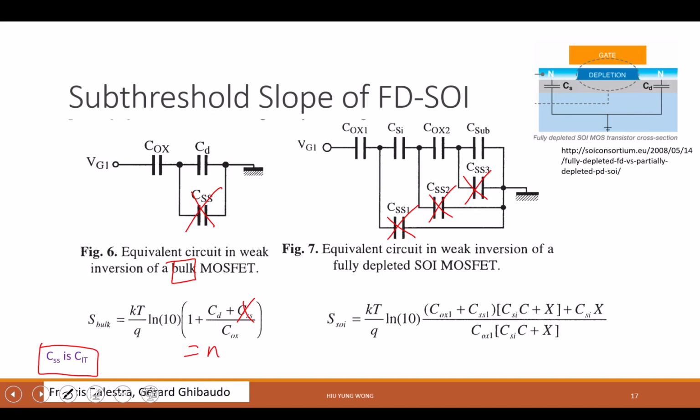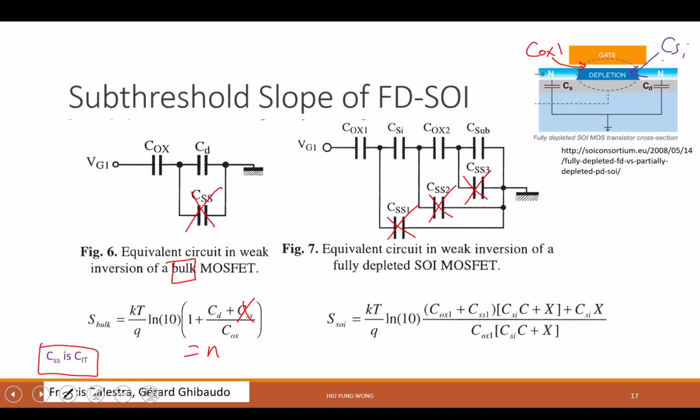Now, let's look at the capacitance in this fully depleted SOI. You first have COX1, which is here. But it is fully depleted, so you also have this CSI, which is here. Then what else?